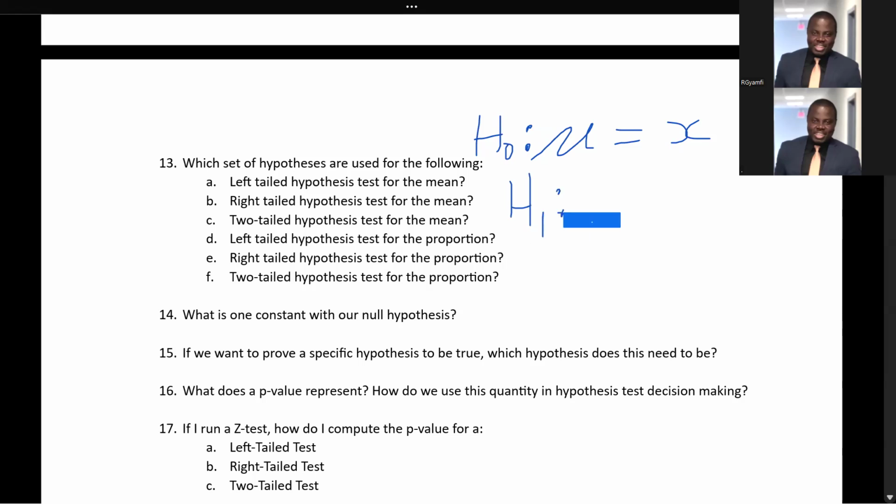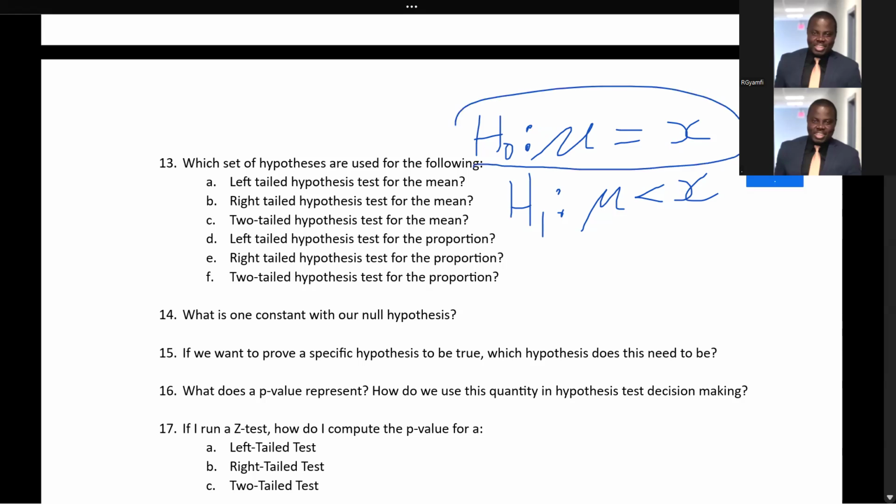So H1: mu is less than X, like that. You see it? That's a left-tailed hypothesis. Now, if it's right-tailed, the null is going to be the same. The H1 is going to change. Right-tailed is greater than X. And then a two-tailed, this is going to be a not equal.